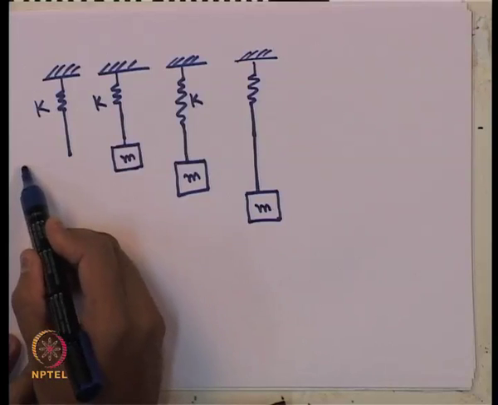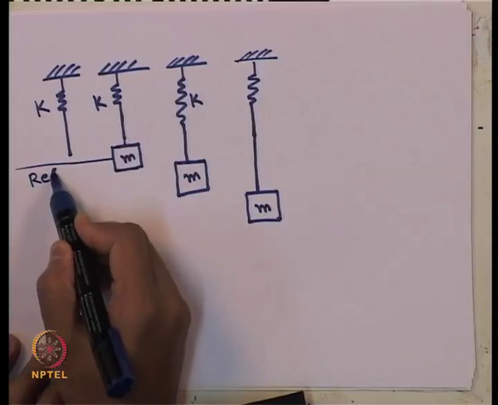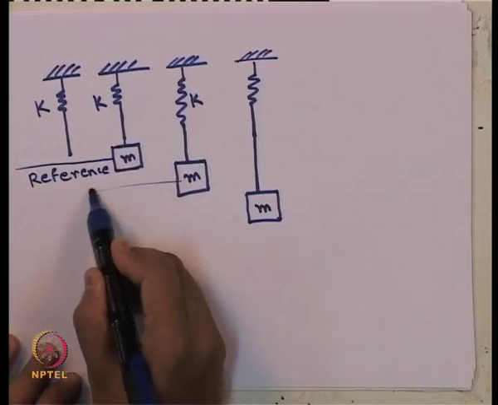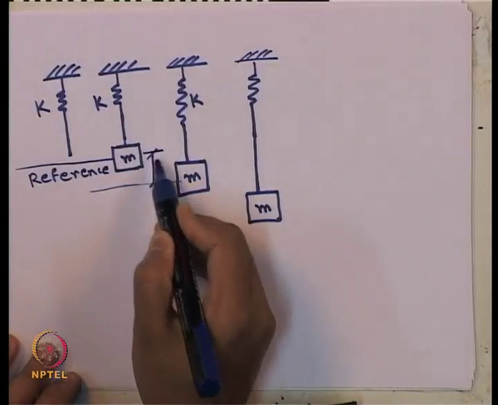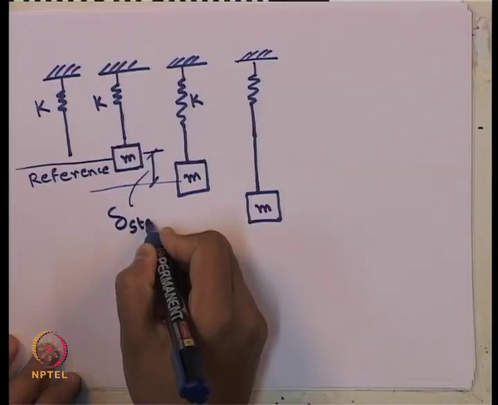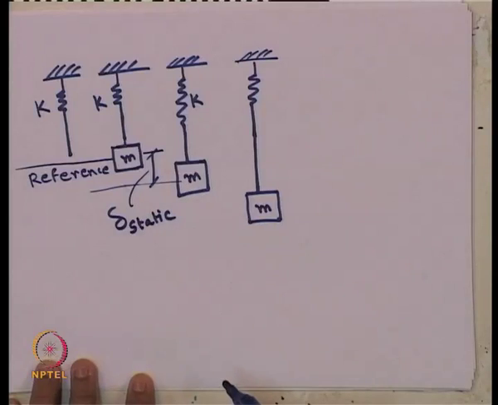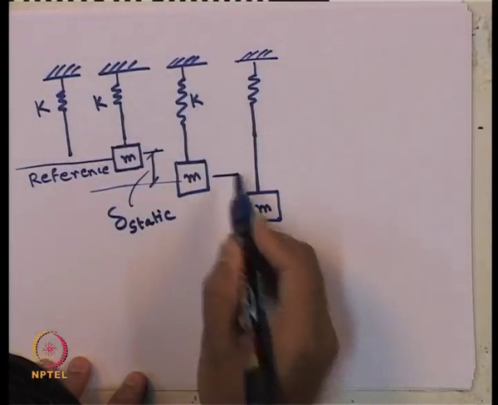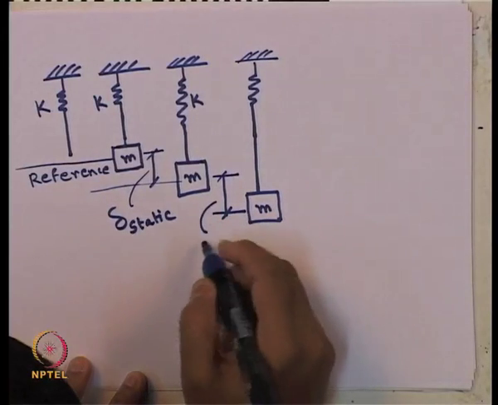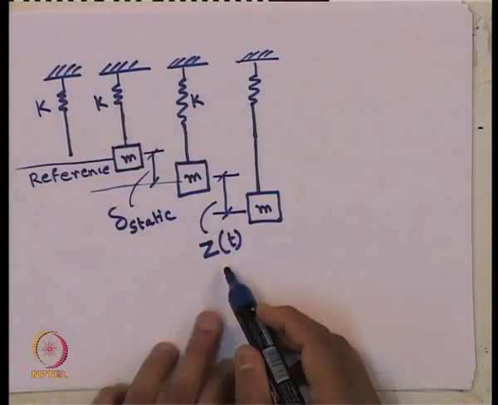If we take this initial position as a reference line, this is the position after having a static displacement, delta static. This is due to the own weight of the mass. The spring has come down here, and from this line to this line, let us define this as z of t. So this component is nothing but the dynamic displacement.